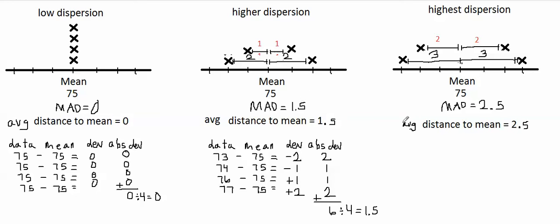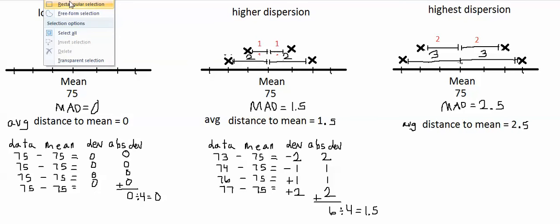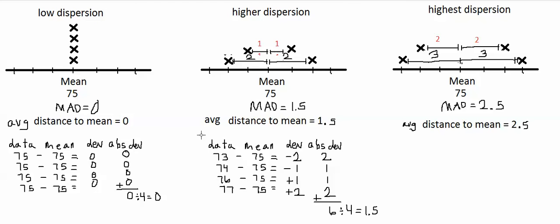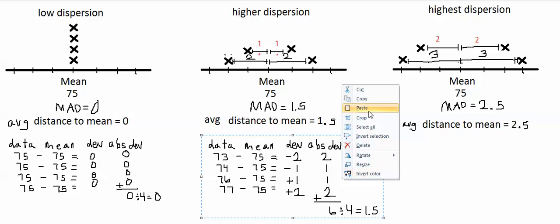Like it did here. So it's the MAD, but it's really just the average of all of the distances to the mean. It's the average of all 4 of these distances. If we want to get the MAD over here, we do the same thing again.